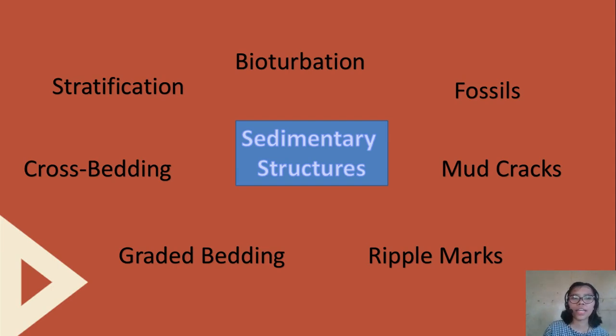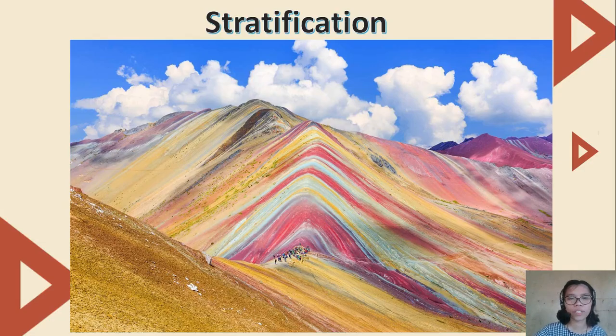So stratification, cross bedding, graded bedding, ripple marks, mud cracks, fossils, and bioturbation. So in the next slide, we will discuss it one by one. First, stratification. It is a series of visible layers within a rock, the most common sedimentary structure.